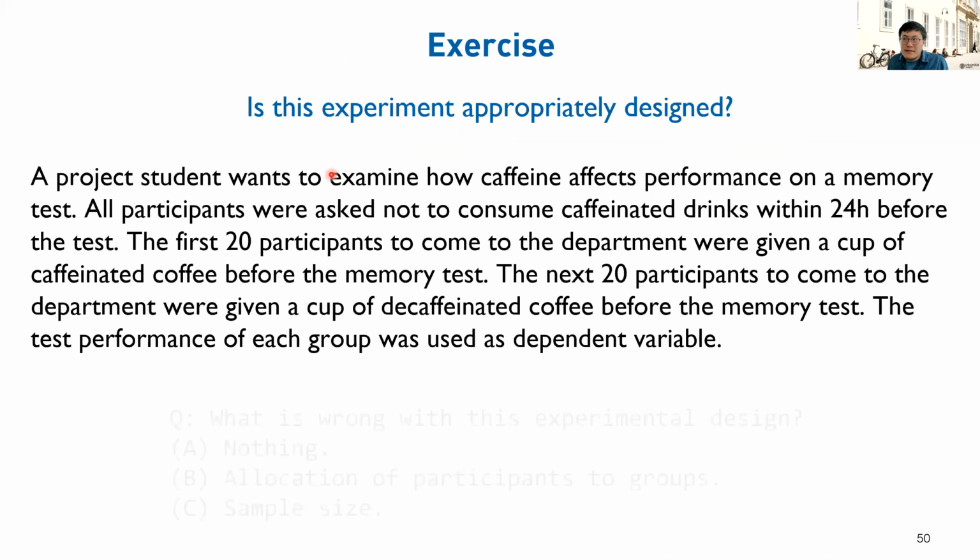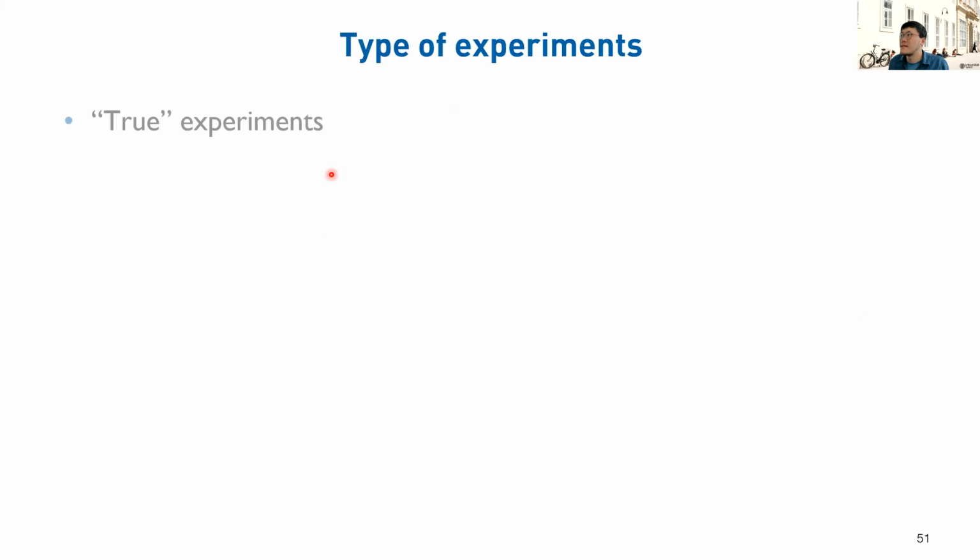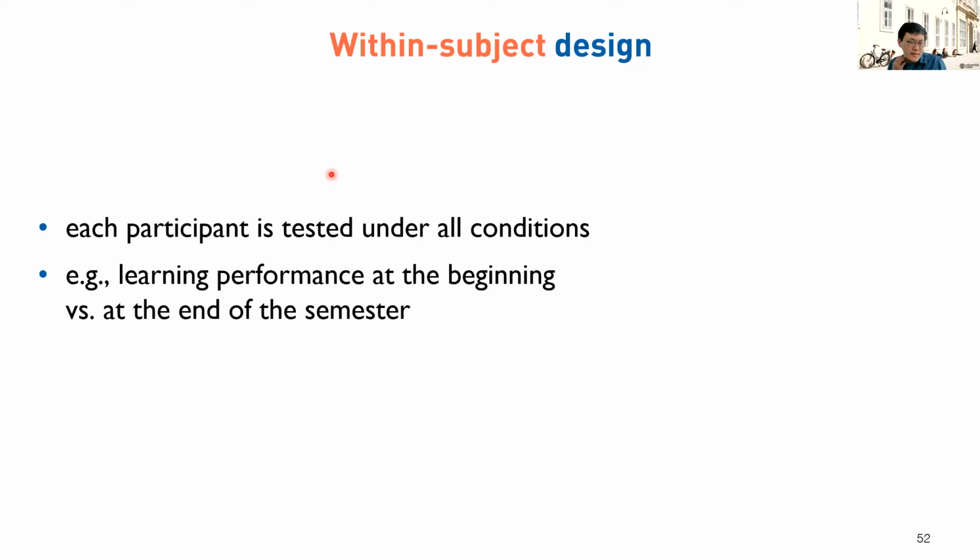So this exercise we could skip, and the type of experiment I will also skip, and then this is important, I will talk about it a little bit. There are a few important types of experimental design.